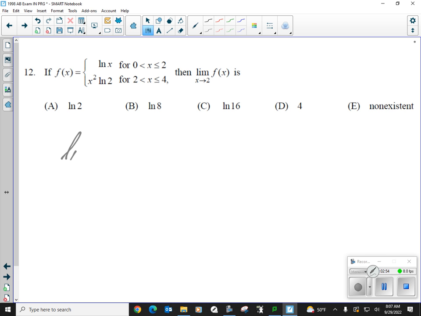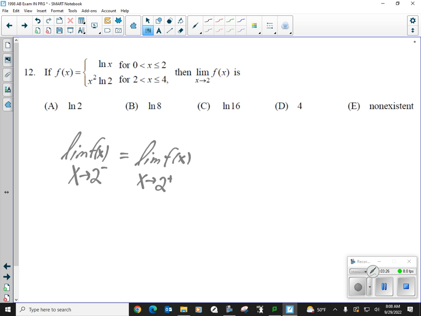The limit as x approaches 2 from the left needs to be the same as the limit as x approaches 2 from the right. If they're not the same, it doesn't exist. There is no limit. If they are equal, whatever value we get is the limit.